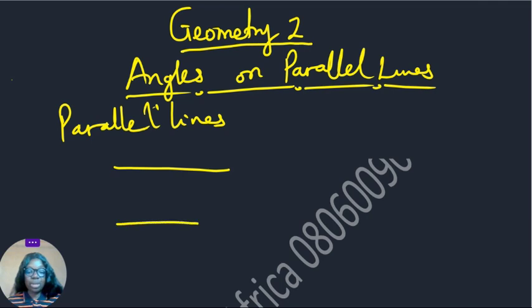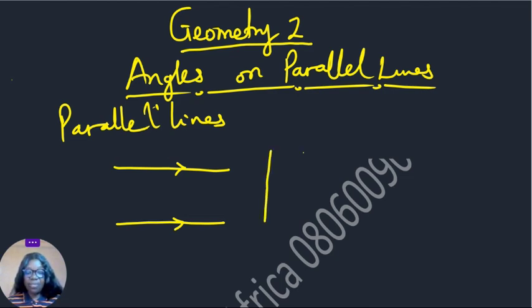These are two straight lines with arrows showing that they are moving to the right. So they are moving towards the same directions and they don't meet. They can never meet. So the parallel lines can either be horizontal or they can be vertical or they can be slanted, but make sure they are moving towards the same direction.